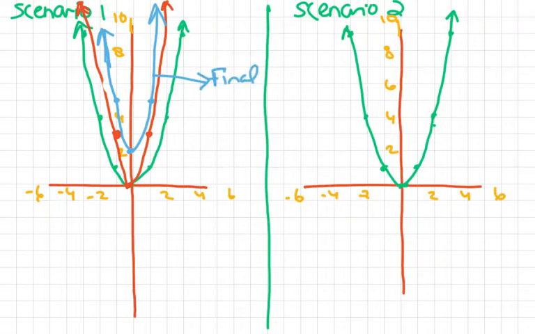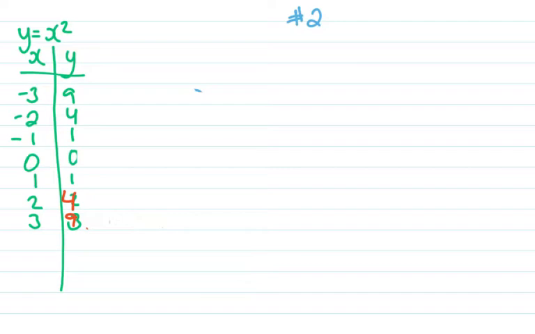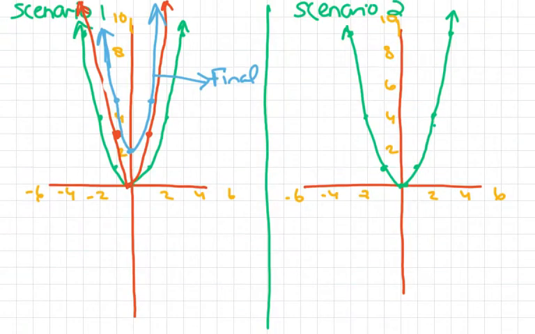All right, now I'm going to do the same thing for scenario 2. Just use the same table of values. But this time I'm going to first do the vertical shift of 2 and then the stretch of 3. So I'm first going to add 2 to each of these. I'm just going to do it on my graph here. I'll do it in red.